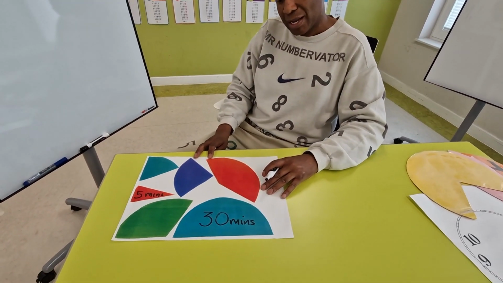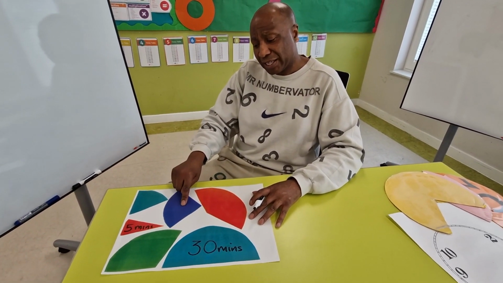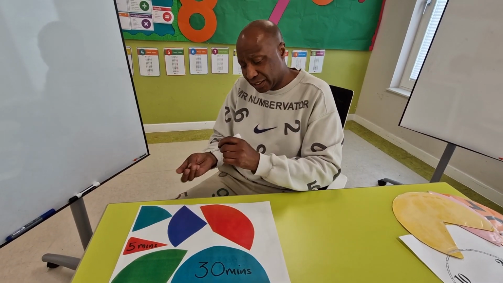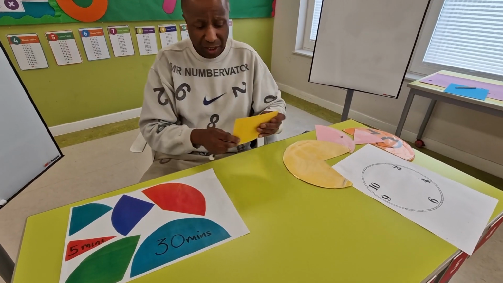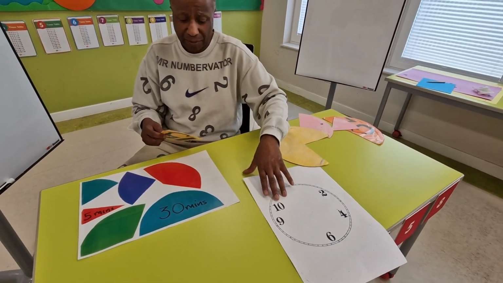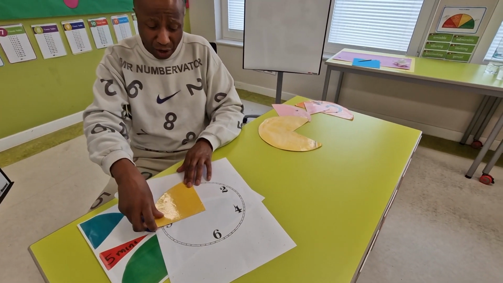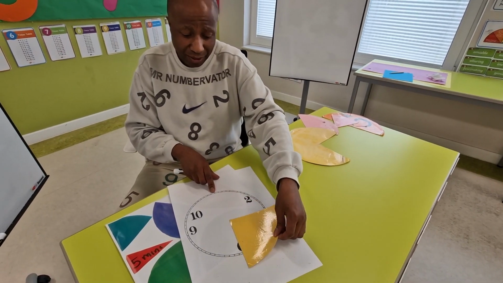I wonder if anyone can tell me how many minutes this one is worth. This looks like it is a quarter of my clock face. That means I can fit 4 of these onto my clock face.